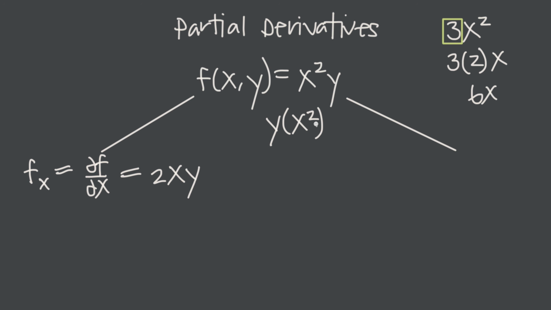So then if you were to do it this way, you would say, okay, y is that constant? I'm just going to leave it there. The derivative of x squared is 2x. So I'd end up with y times 2x, or 2xy. So that's another way to look at it.